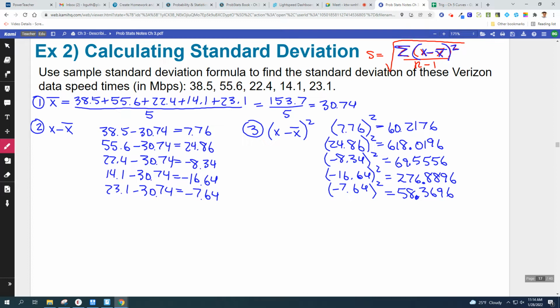So step 4 is sigma of x minus x bar, squared. All I'm going to do is add those 5 numbers together, 60 point plus 618 point plus 69 point, and that's 1083.0520.